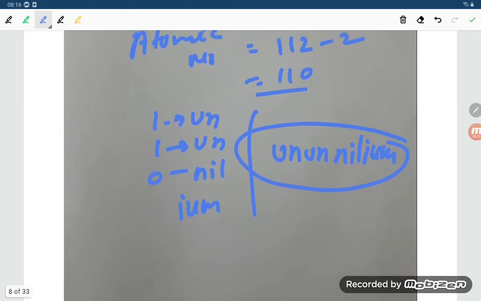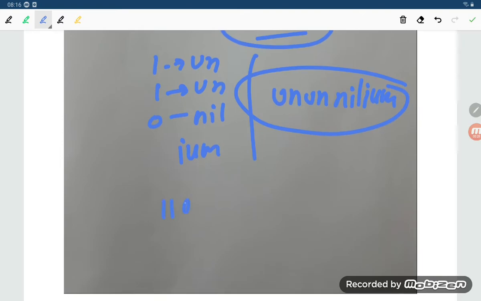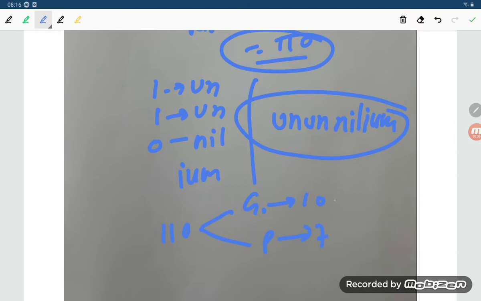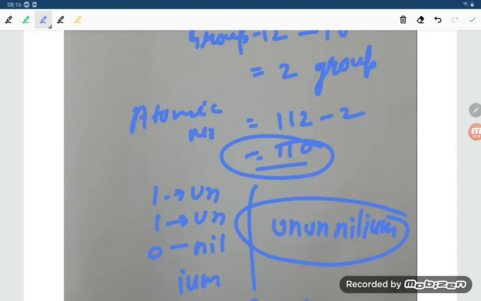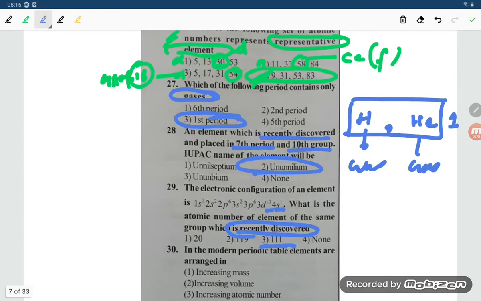Just now we discovered 110. 110 is in period 7, group 10. So what they are asking, if you increase by plus 1, because one electron is there.